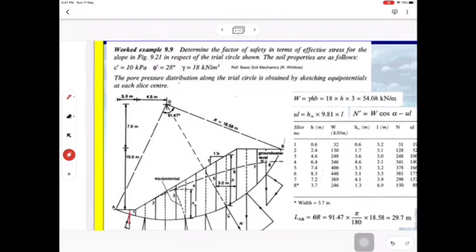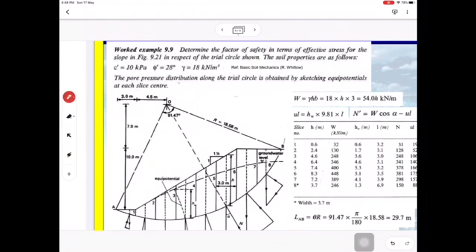So 1/3 here, because it's the middle of this triangle. So the middle, this is the middle, W3, W2, W4, W5, W6, W7, and W8. Okay, and W is equal to gamma HB.